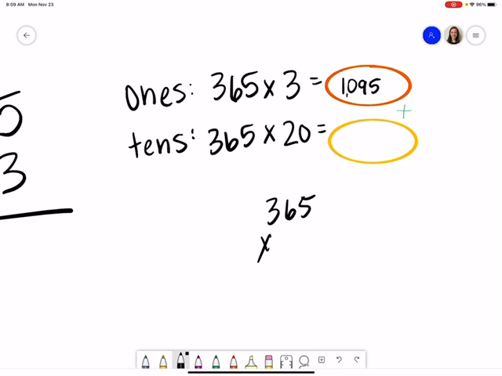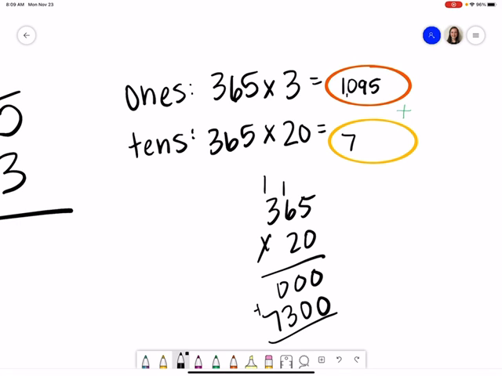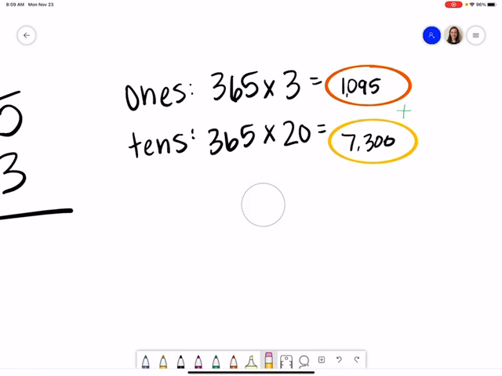We know that's all going to be 0 down here. 2 times 5 is 10. 6 times 2 is 12, plus the 1 is 13. 3 times 2 is 6, plus the 1 is 7. So our answer, when we added those together, would be 7,300. Okay? And then we would just add those together.